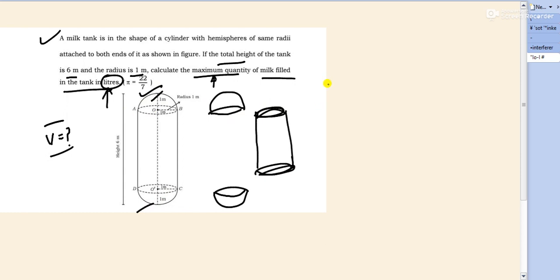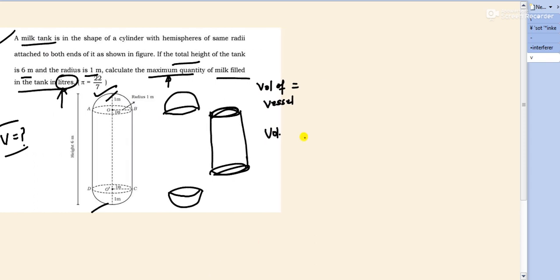Correct? So what we can do, we can write volume of this vessel, correct? Or since it is a milk tank, you can write volume of milk tank is equal to 2 into volume of hemisphere plus volume of cylinder.